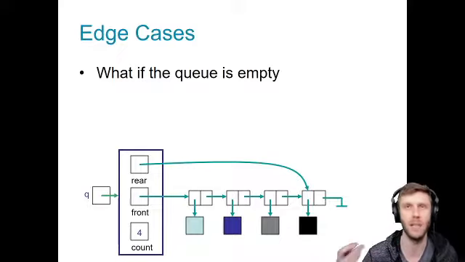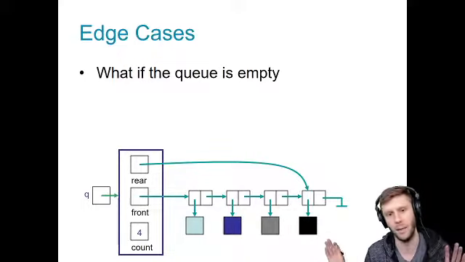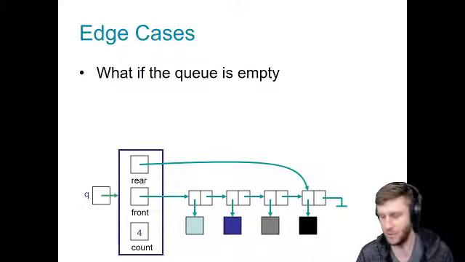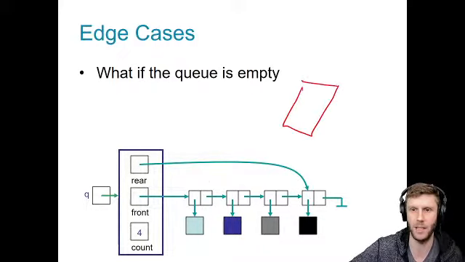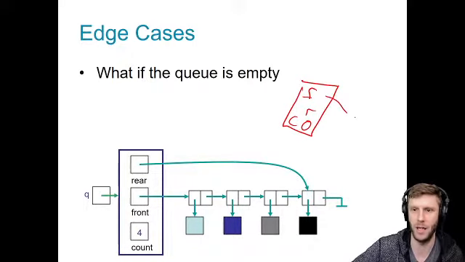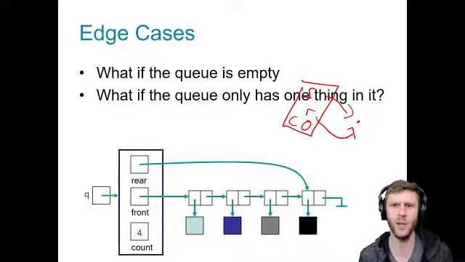You just go, okay, rear's next set to the new node, rear equals new node, done. But what happens if we have a case where, let's say, we have an object over here where count is 0, front is pointing to null, and rear is pointing to null? This is a funny edge case. And what happens if we only have one thing in the queue?